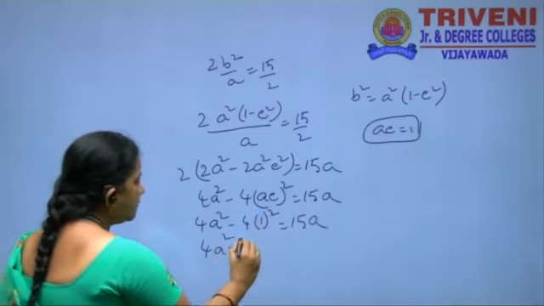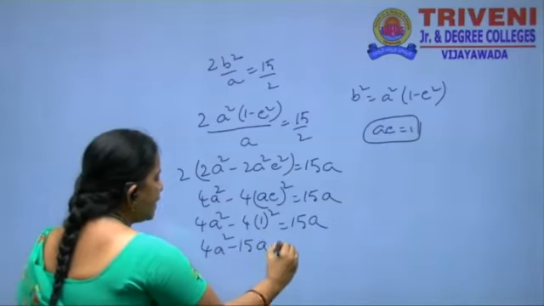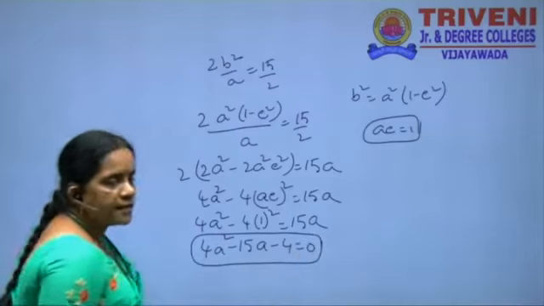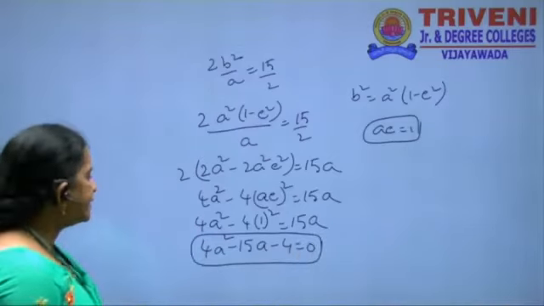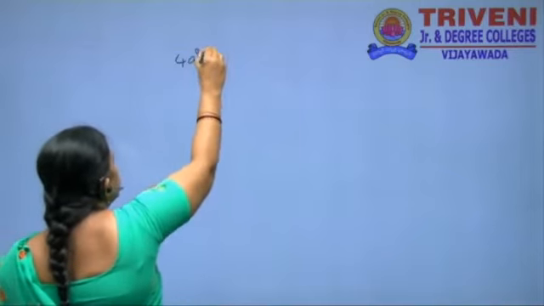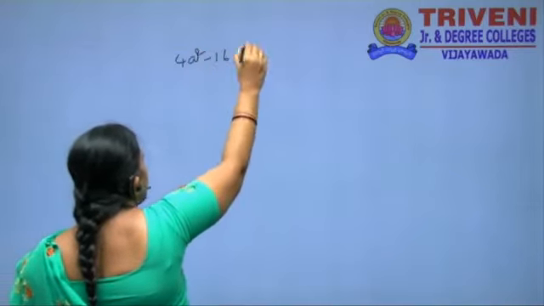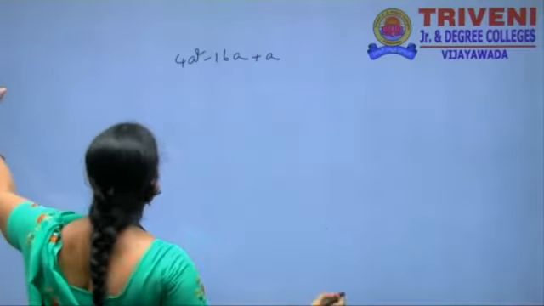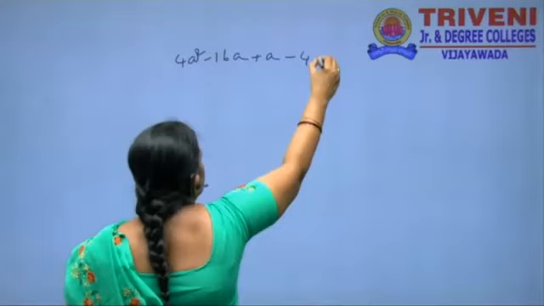4a square minus 15a minus 4 is equal to 0. This is a quadratic equation in a. Then find the factors like this: 4a square minus 16a plus a minus 4 is equal to 0.